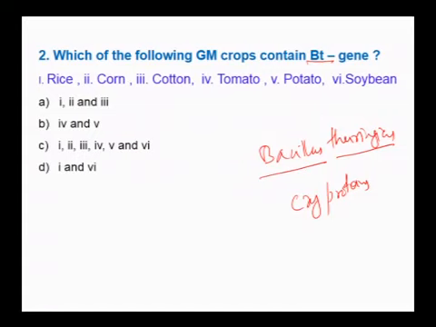Some of these cry proteins are encoded by cry genes and produce crystal proteins. These crystal proteins produced in the bacterium are in an inactive state. Once they enter the insects, they get activated and kill the insect.